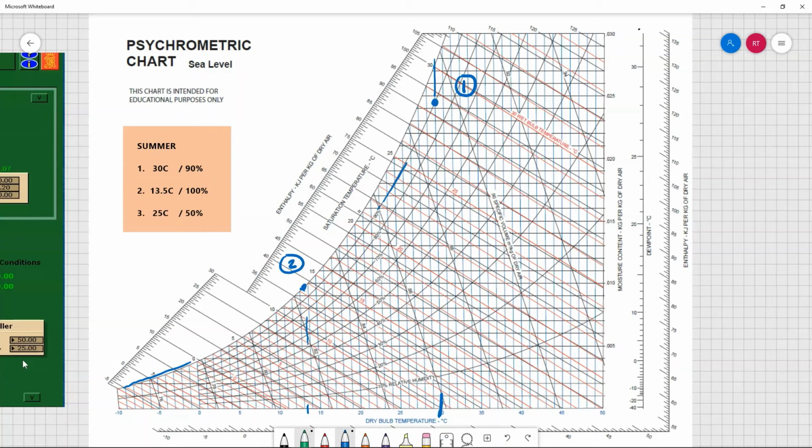And then finally, point number 3: 25 degrees and 50% brings me about to here. So that's number 3. As we said before, I typically have some comfort conditions somewhat in this range, so that's my target, and it looks like I've made it there. Okay, so here's the pathway for that.